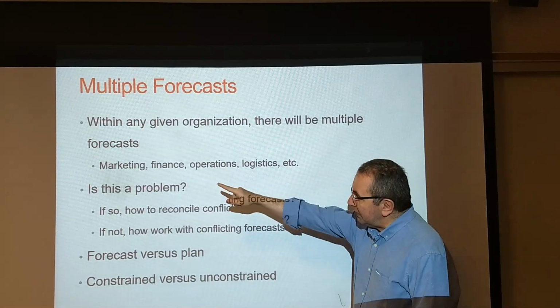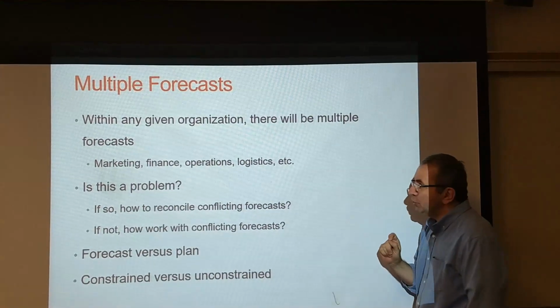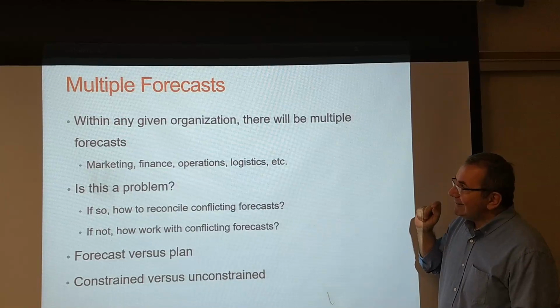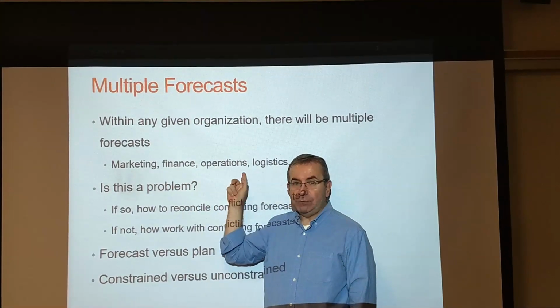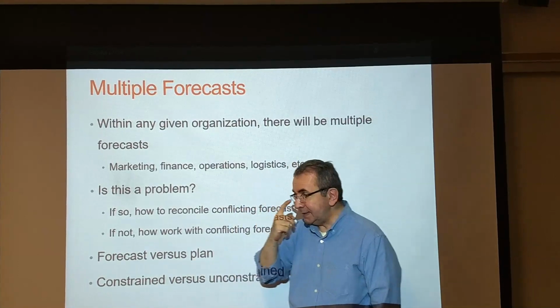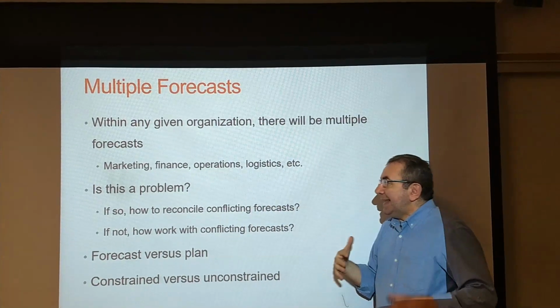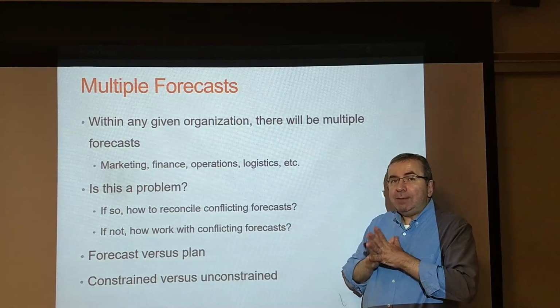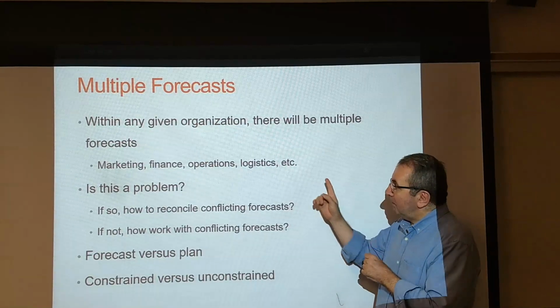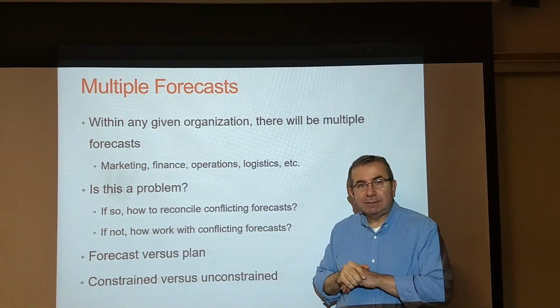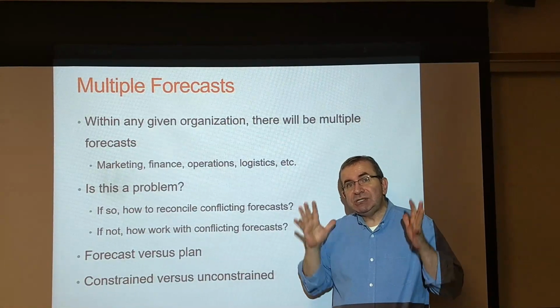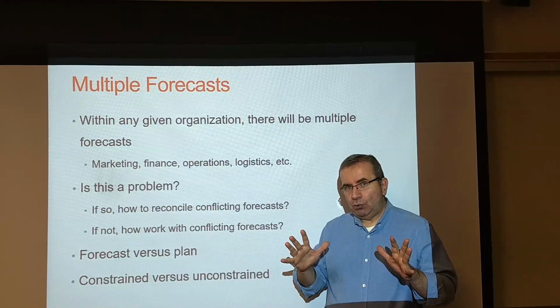Okay, all of these departments report to you, and they happen to have different expectations from the future. They have different forecasts. Now, is this a problem for you who manages all these departments? The answer is yes and no.